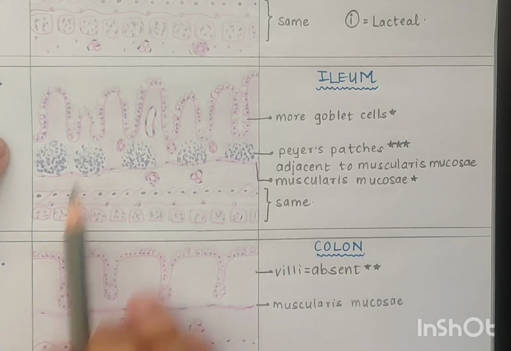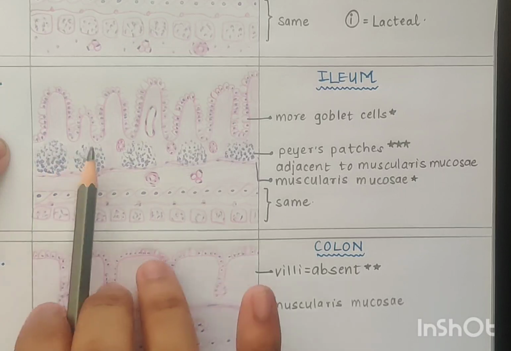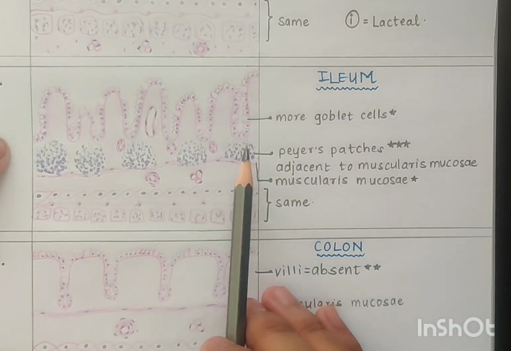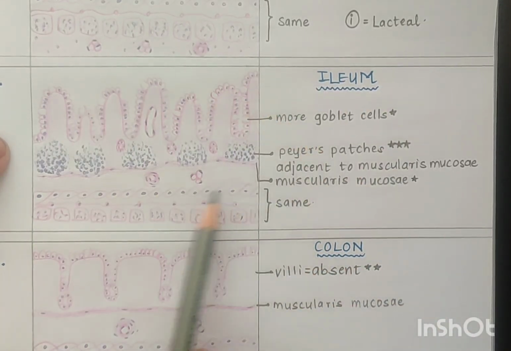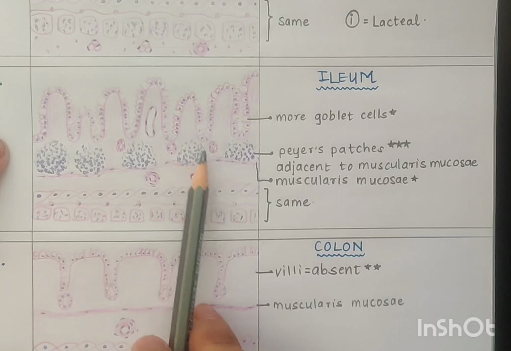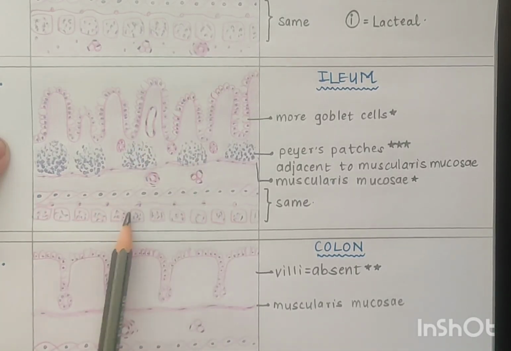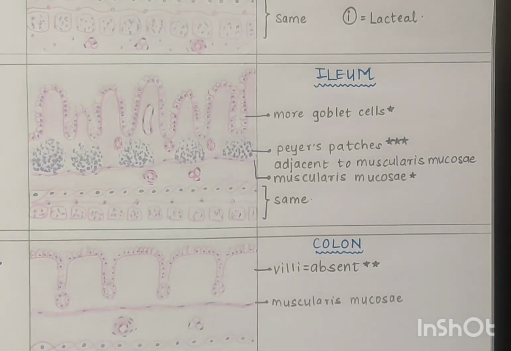So whenever peptic ulcers occur, they will occur as oval aggregations, because of the presence of Peyer's patches. So that is one interesting clinical aspect. The rest of the layers are pretty much the same. We'll see the lacteals are present, the inner circular layer and myenteric plexus, the outer longitudinal layer, and the serosa. So we are done with the ileum as well.